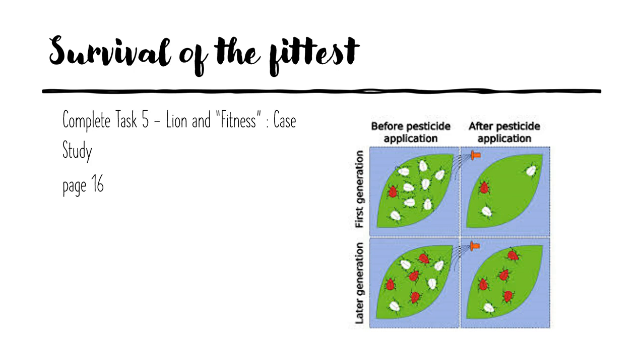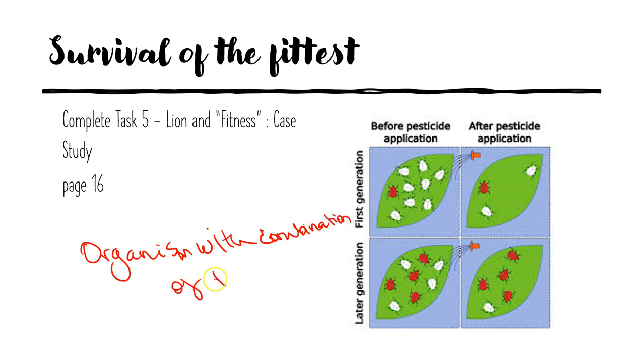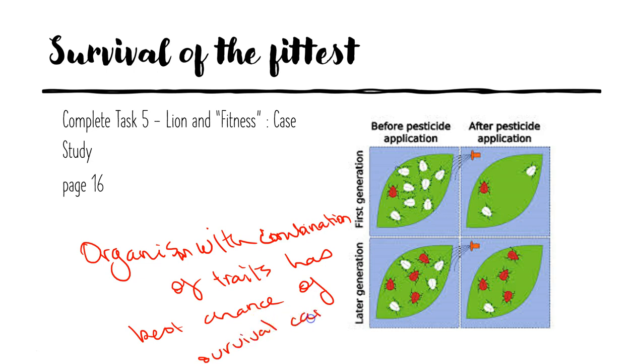So this links to the idea of survival of the fittest, in that the organism with the combination of traits that has the best chance of survival can reproduce and pass on those traits.